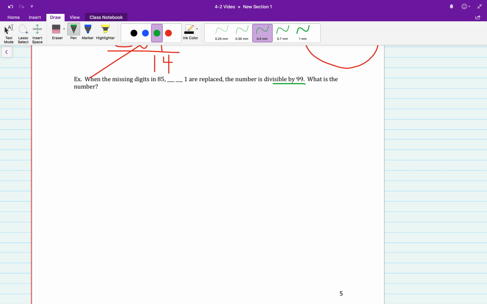If something's divisible by 99, according to our first example with the 15, this also must be divisible by 9 and 11. Well, I know a rule for 9. It's the sum. So I'm going to add up these numbers. So I've got an 8 and a 5. I don't know what those blank spaces are, so I'm going to put a 1. Well, 8 plus 5 plus 1 is 14.